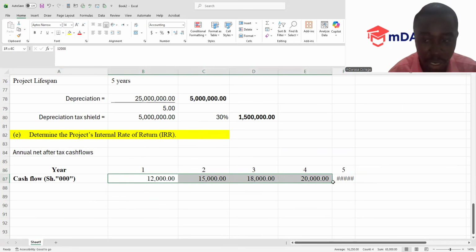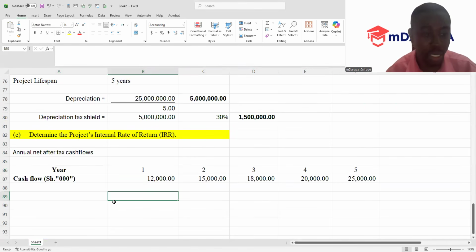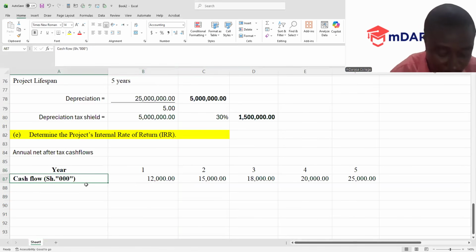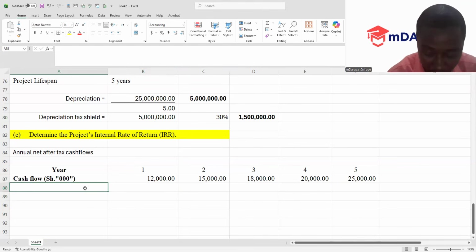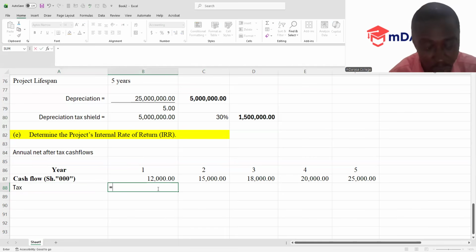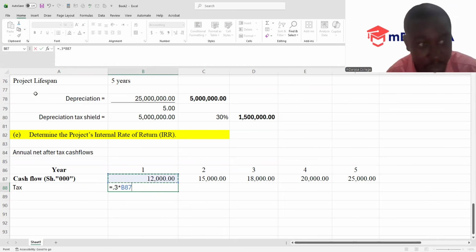We have the values given, but recall, we need to determine the annual net after tax cash flows. Given that these are our cash flows, we need to determine our corporation tax rate, or just the tax component. Of course, the tax component would be 30% of the value given there.